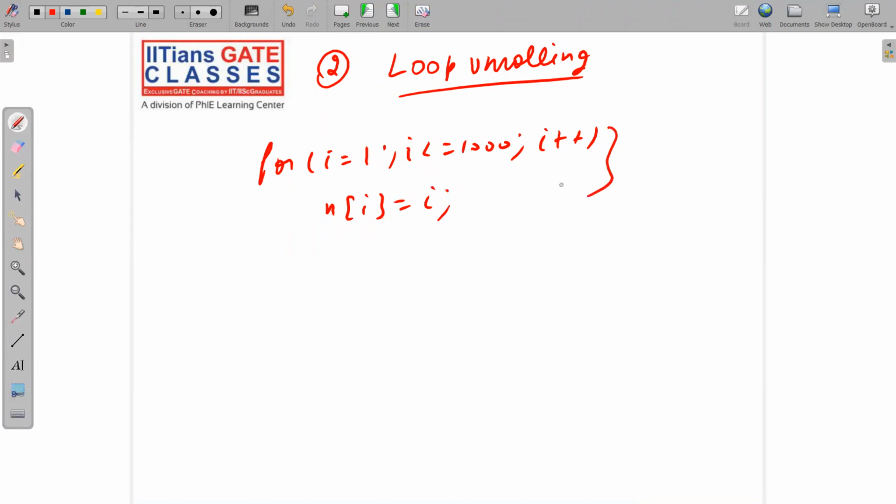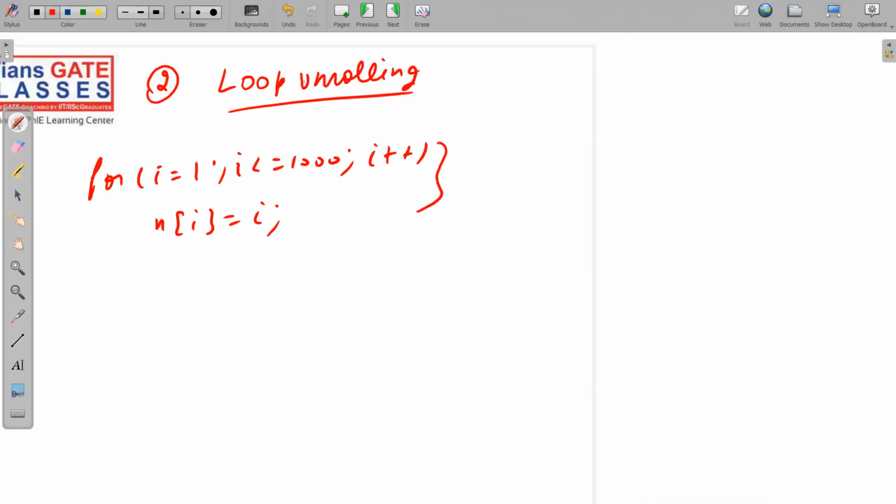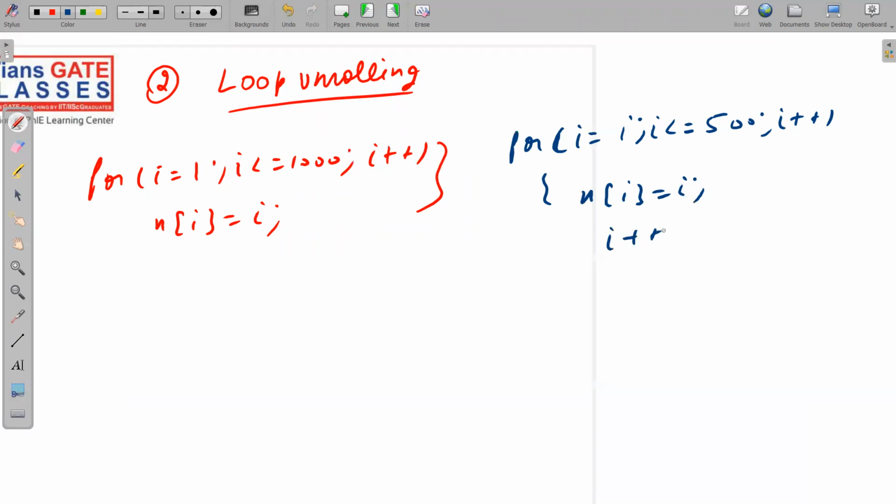So obviously the loop will be executed 1000 times. So I can unroll it. Unroll means I can say, in place of this, for i is equal to 1, i less than equal to 500, i plus plus, and here I will say x of i is equal to i, i plus plus, x of i is equal to i.